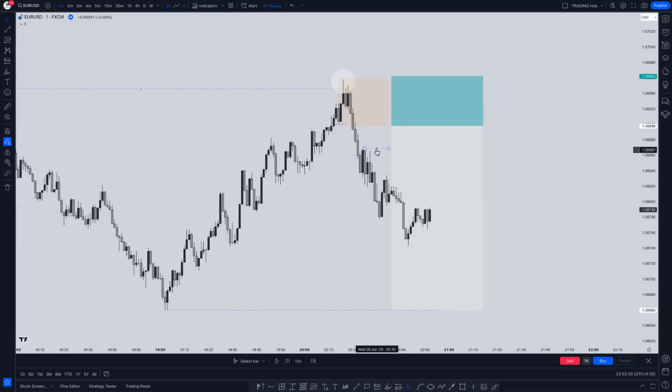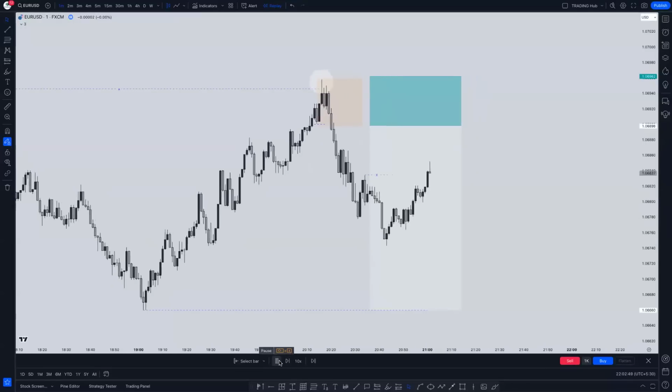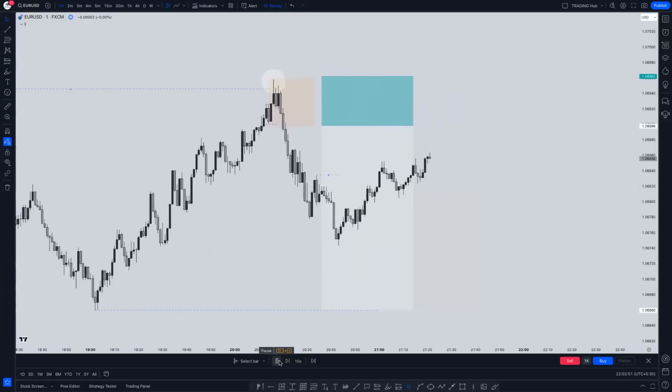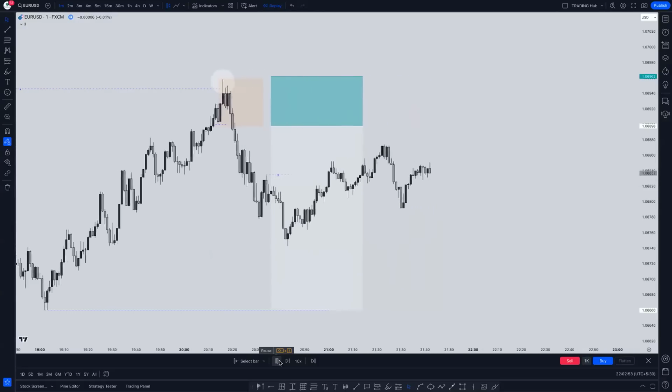Because the market pushed downside and the inducement transferred from here to here. But there is still an unmitigated PD array here. Yeah, of course, this one is still an extreme unmitigated PD array where we can sell. Okay. So once price taps on it and creates any kind of reaction here, we can plan for the sell setup here.